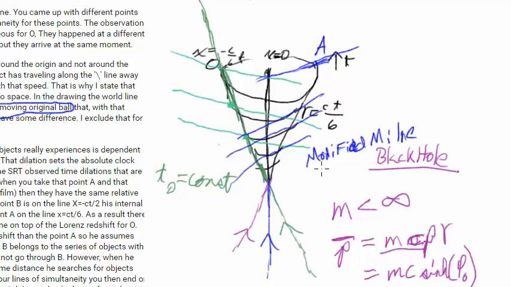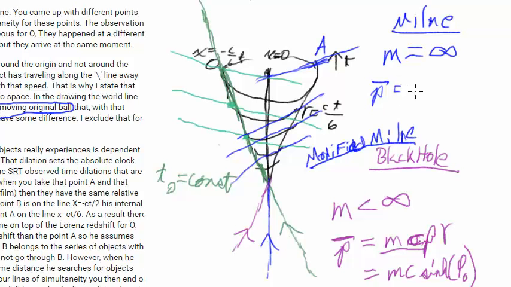In Milne's original description, the mass of the universe is infinite. There's no outer edge, so there is no average momentum equal to mc sinh phi sub naught.